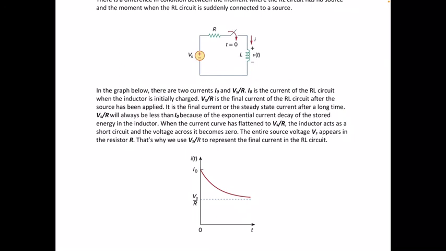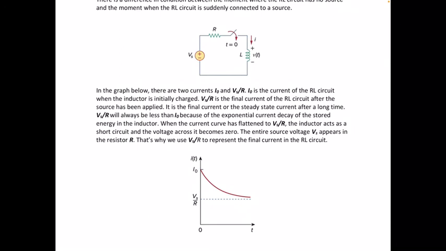Just a heads up, there are two currents, I0 and Vs over R. I0 is the current of the RL circuit when the inductor is initially charged, that is, the moment before the circuit is connected to a source. Vs over R is still a current value, and this is the final current of the RL circuit after the source has been applied.